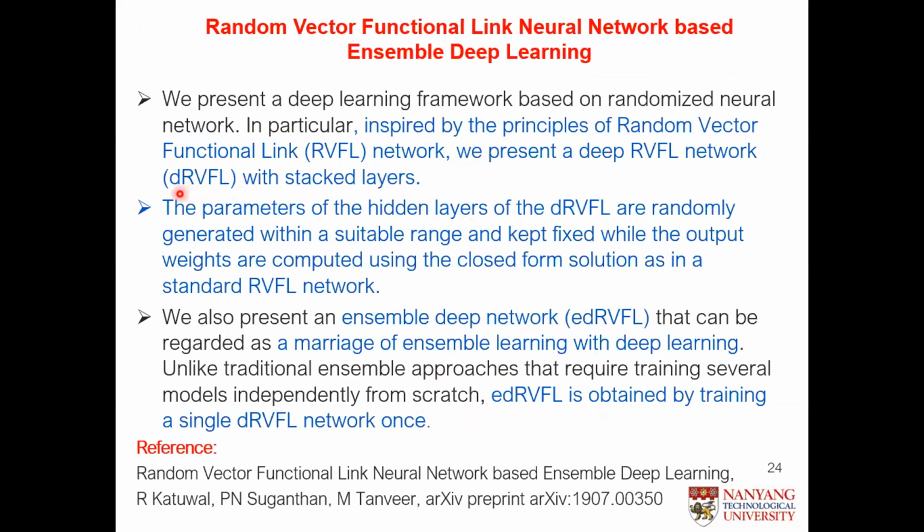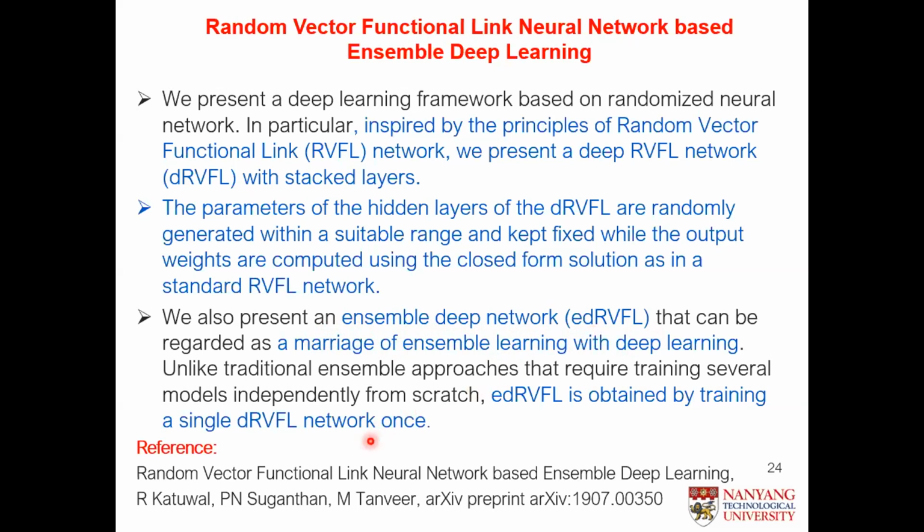One is deep RVFL with multiple layers of randomization. Another one is ensemble deep RVFL, and we found this one to be very interesting and very useful, and we are able to extend this very easily to many versions, and the improvements are very significant as well.